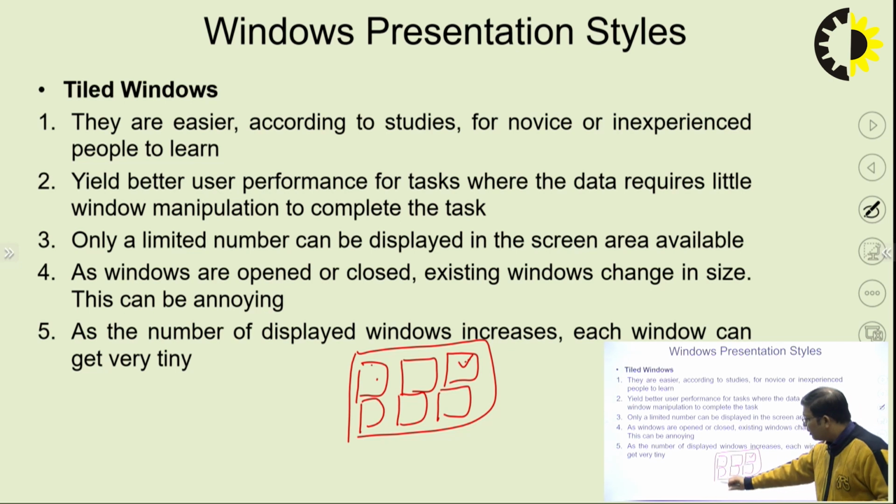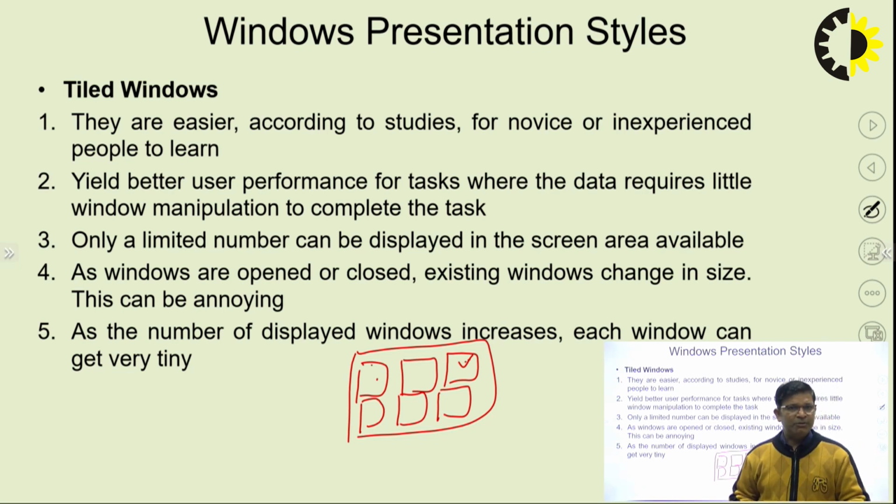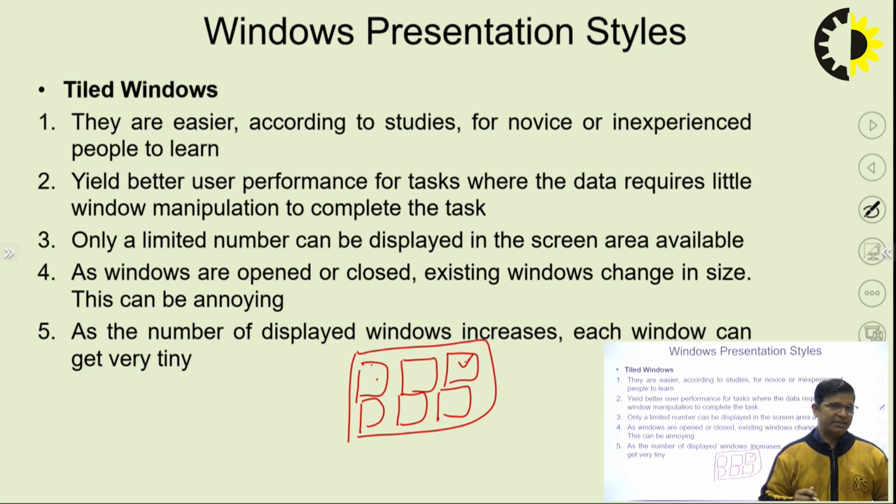How many tiled windows can be open on a screen? 2, 4, 6, 8? If we are doing 8 windows, can you read the particular text from that window? No. So 2 windows, 4 windows maximum. So a limited number can be displayed in the screen area.